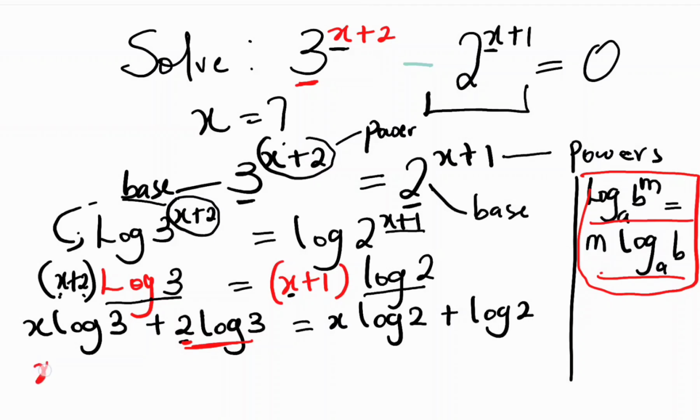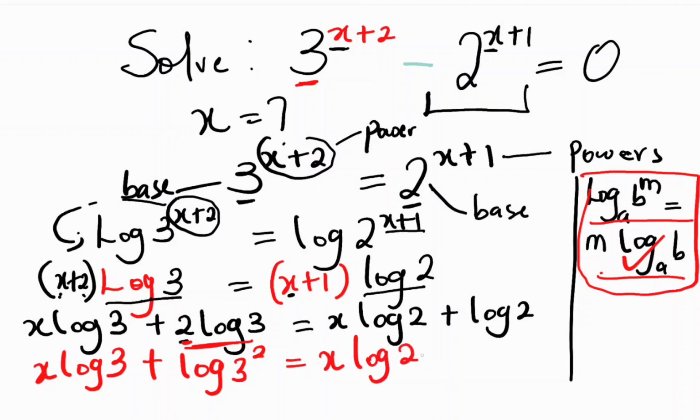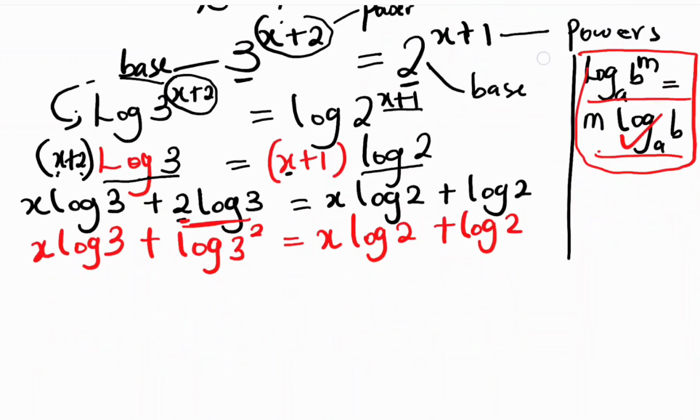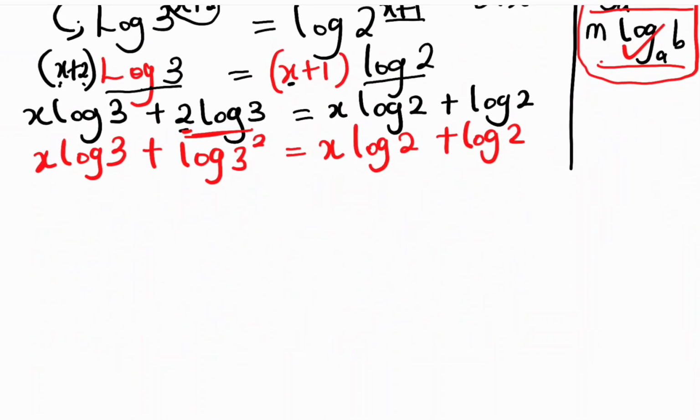So we write it as x log 3 plus log 3 to the power of 2, and it is equal to x log 2 plus log 2. So here you can now see, since we have it that 3 squared is 9.